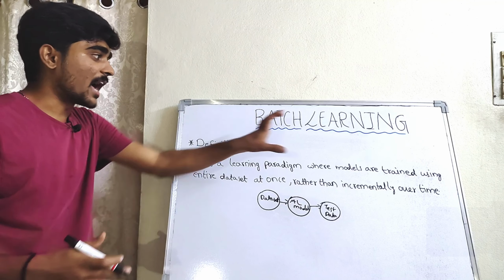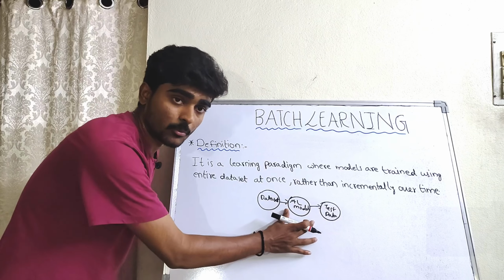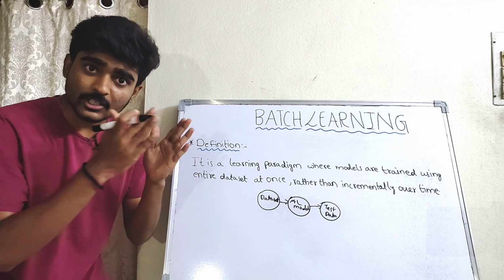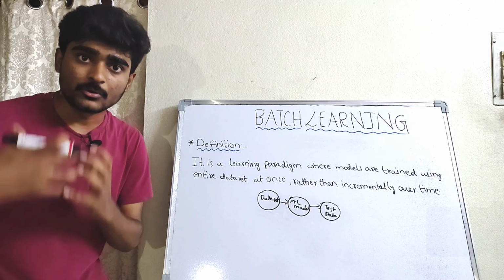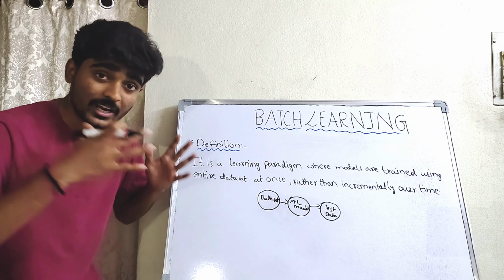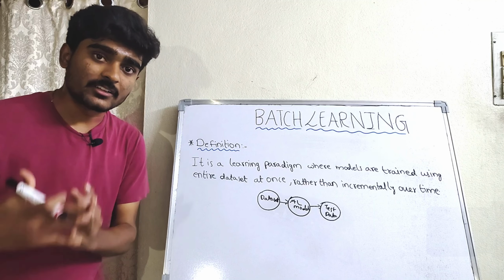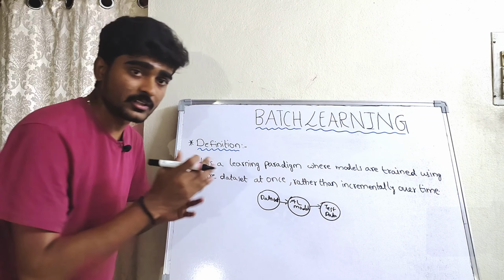We don't divide this dataset into small chunks, but train the model on the entire dataset. However much data we have, we train the model on that much data. Then we evaluate the results on the test data.